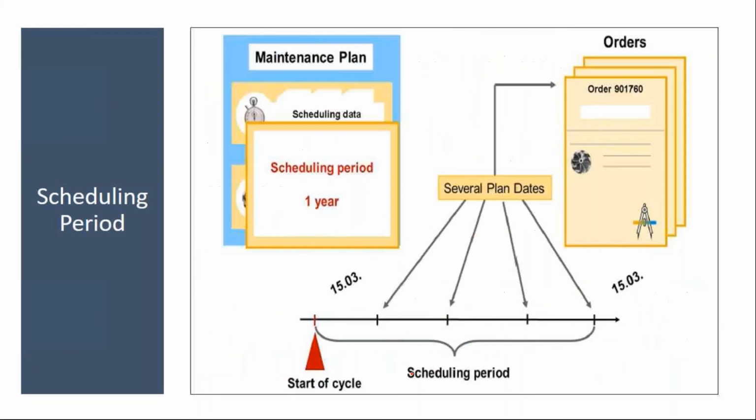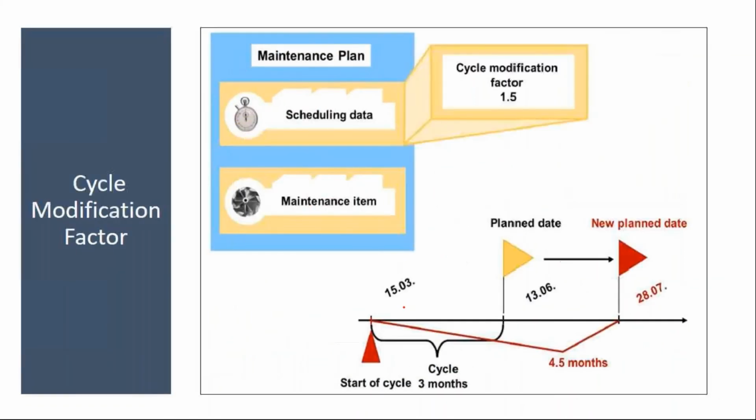Suppose your initial cycle is 3 months. Later on you found out that your cycle time is very short and you want to increase the cycle duration. Normally, instead of creating a new maintenance plan, in the existing maintenance plan you go and change the cycle modification factor.